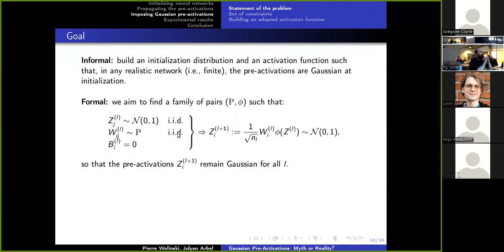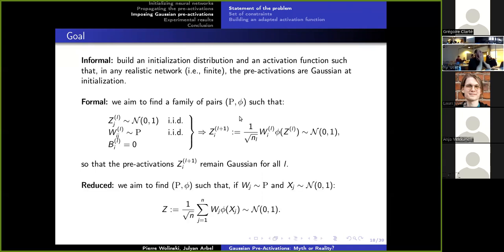And we want that if you have Gaussian Z^L, so inputs, then at the output of the layer you also have Gaussian preactivations at any layer. So once it's done for one layer, it's true for every layer. So here is the reduced version of the problem, for one layer. We want a sum of W_j phi(x_j) to be Gaussian.